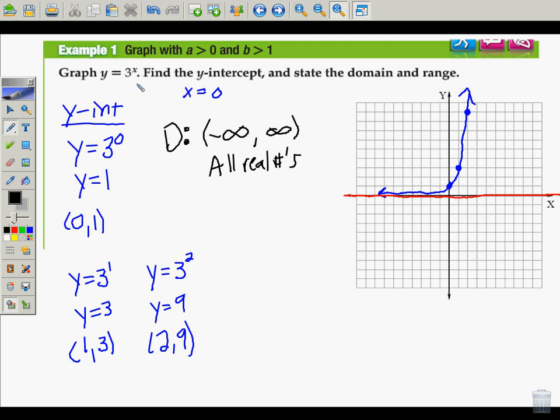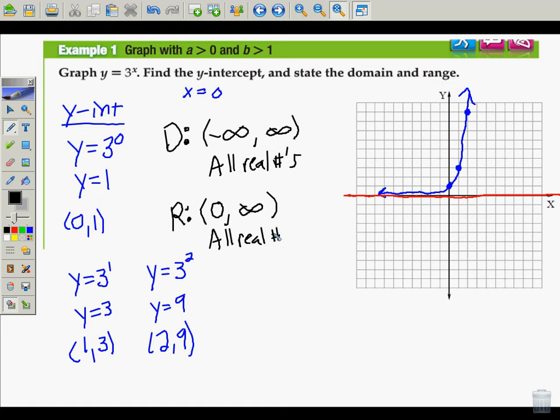Now for the range, here's where it gets a little tricky. We said this will never cross the x-axis, so it will never be negative, which means it will never be smaller than 0. So we know my range goes from 0, but then we see it keeps going up forever and ever, so it goes from 0 to infinity. Or another way to say this is all real numbers greater than 0.